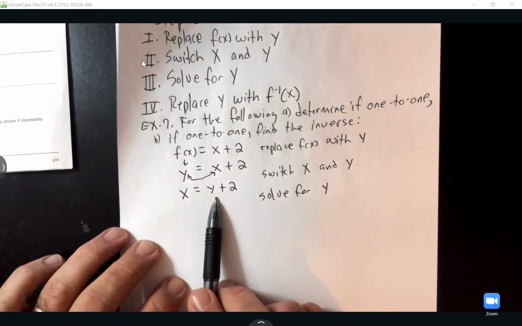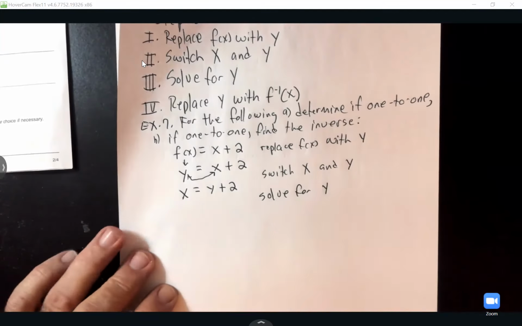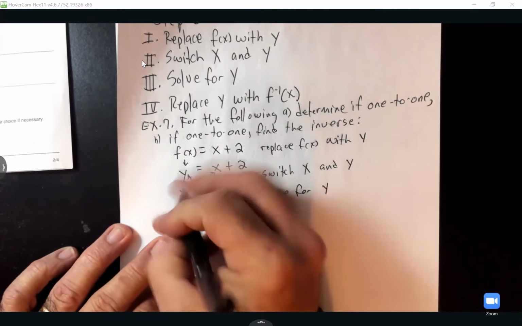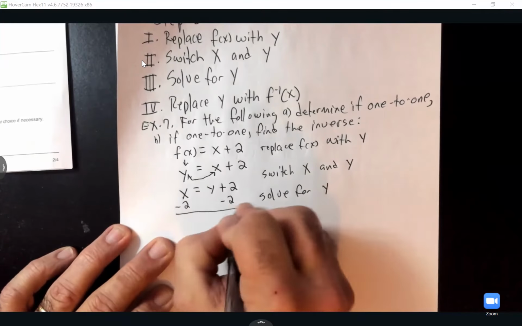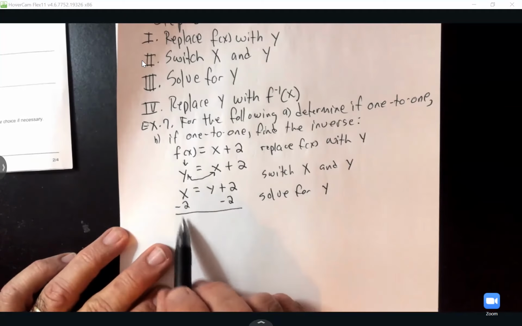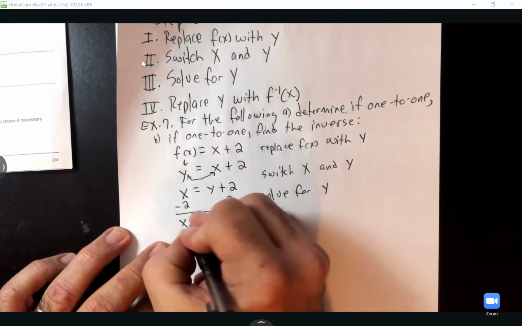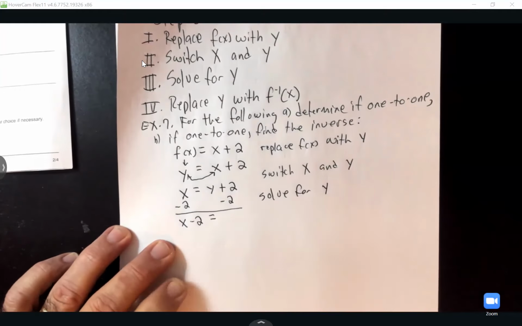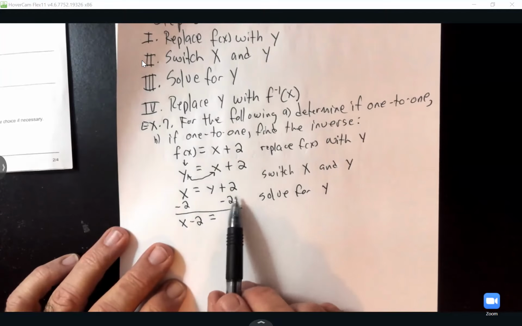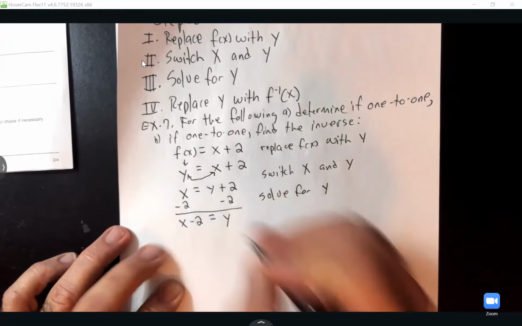So I need to get this y all by itself over here. So I got one move basically. We're going to come in and subtract 2 from both sides so that this side gives me x minus 2. We go to the right side, those 2's cancel, so all that's left was my y.